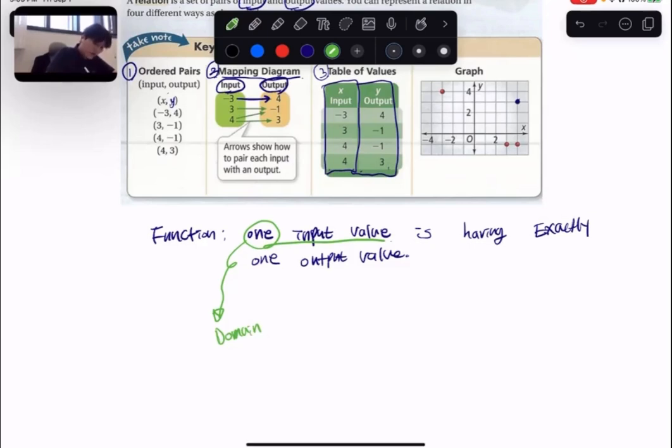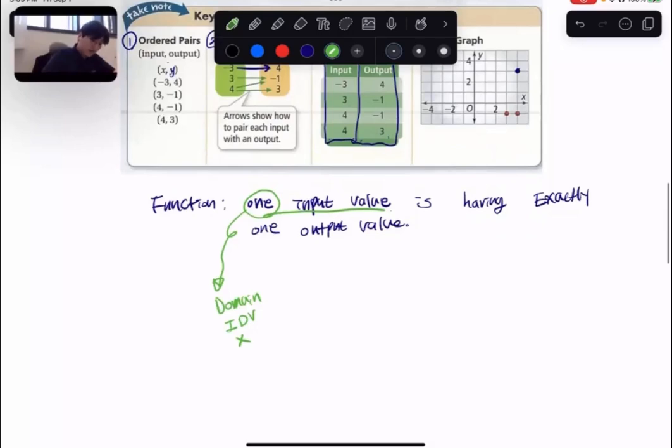We usually express it as the independent variable, usually with x. And we express the output value with the range, the dependent variable, usually with y.